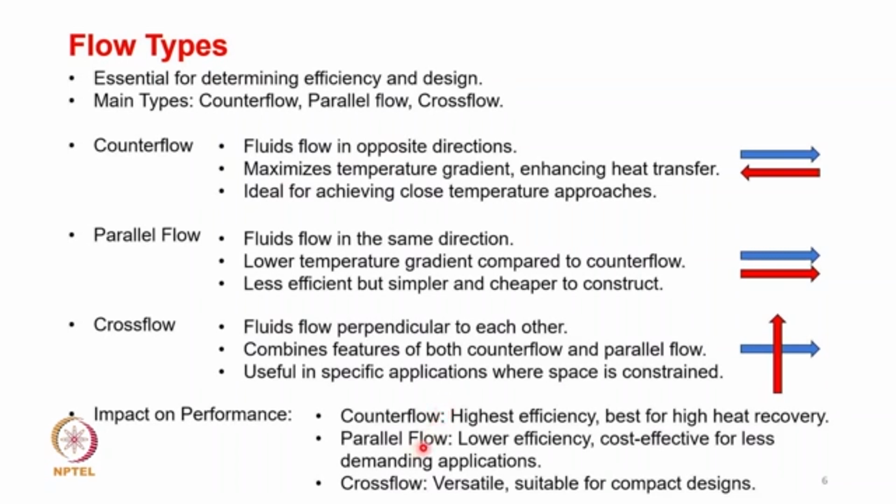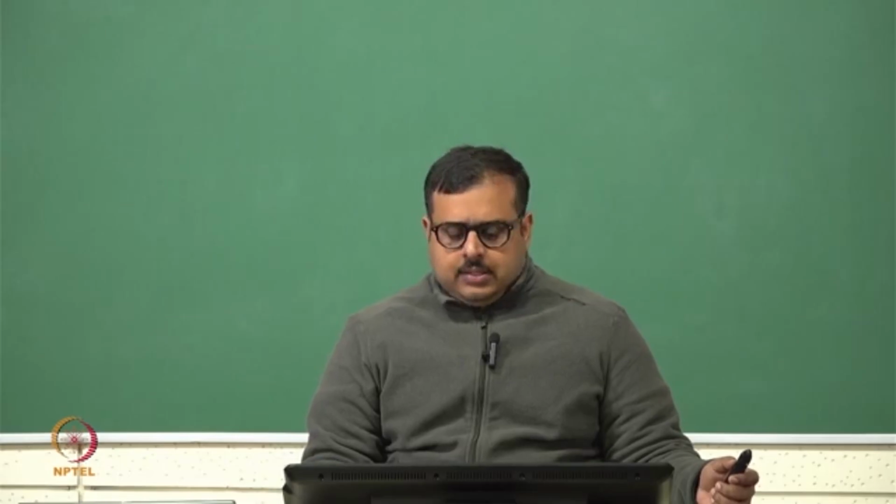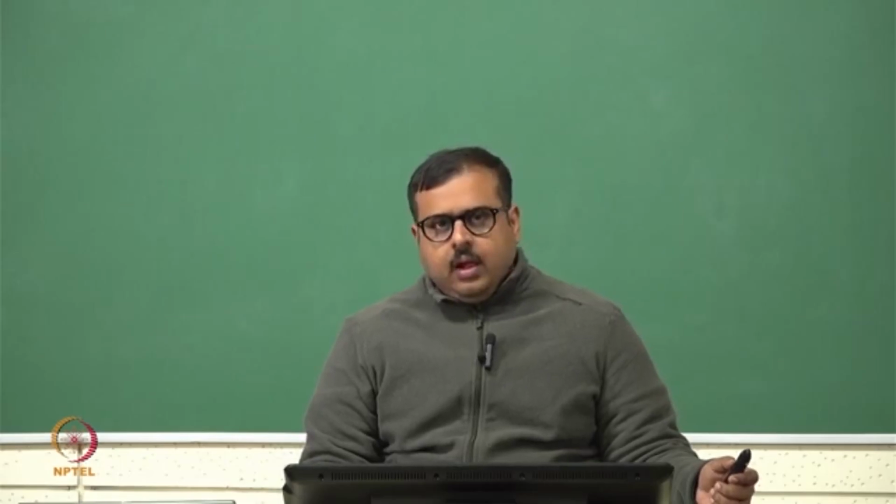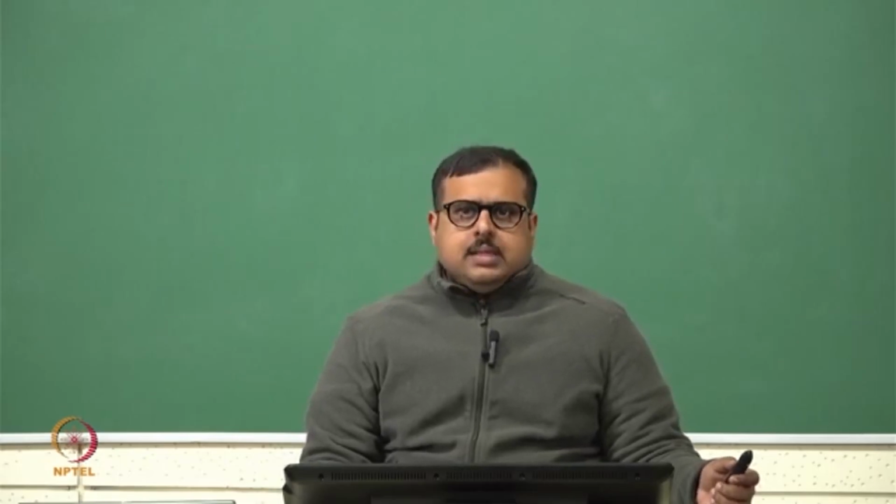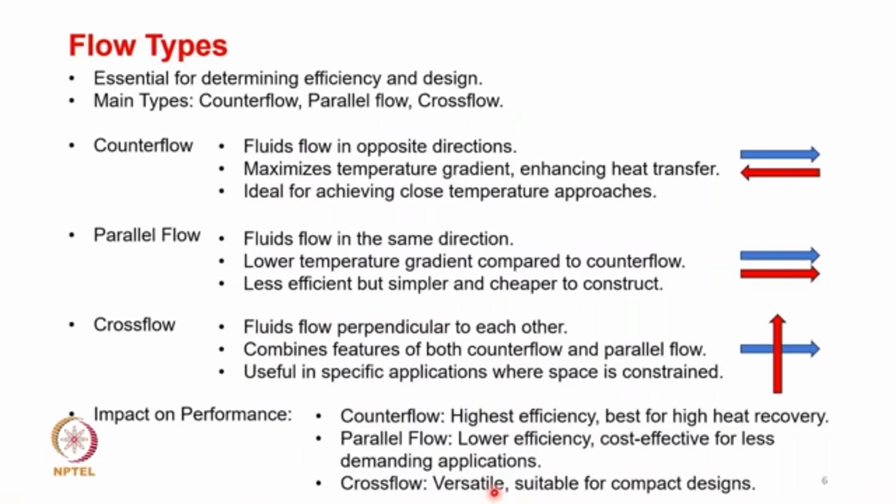Parallel flow has the lowest efficiency and is cost effective. Also, if your heat transfer requirement is not very demanding, parallel flow is a simple option. And cross flow, as I told, combines the counter flow and parallel flow advantages, and is of course suitable for more compact designs.